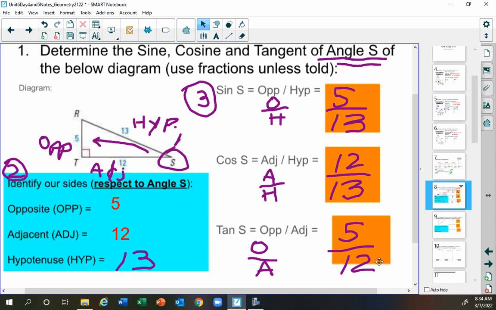If you're asked to solve, then solve. If you're not asked to solve, leave it alone. I'll tell you when you're going to be asked to solve. But that's all you're doing. Identify that angle. Identify your sides. And then substitute. Questions?